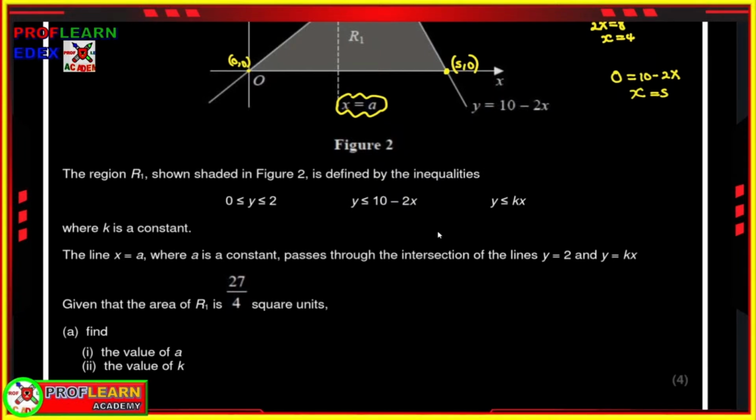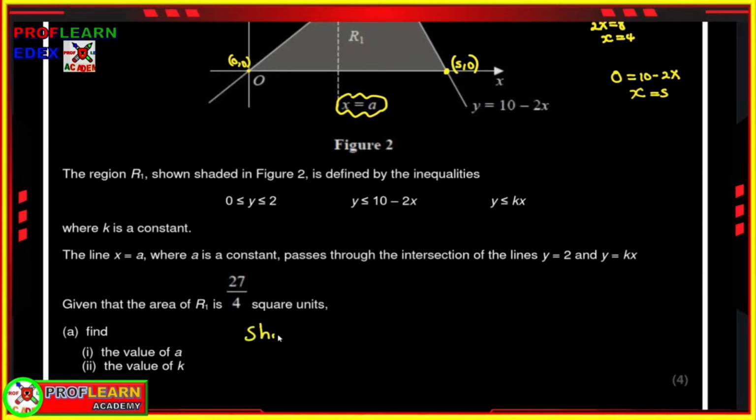In order to find the value of a, you can find the magnitude of the dimensions of that trapezium, then apply the formula of the trapezium and equate it to 27 over 4. Or you can use the coordinates that we have obtained.